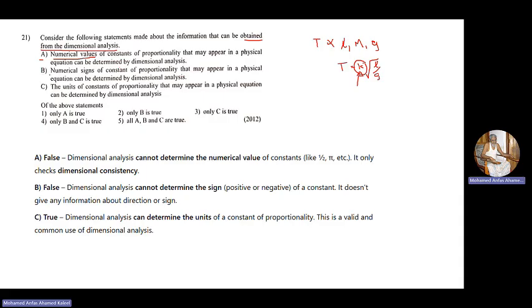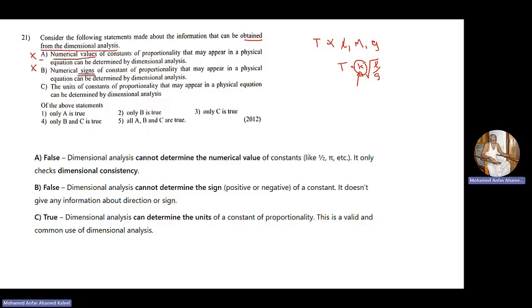Statement B says the numerical signs of constants of proportionality that may appear in the physical equation can be determined. Also, we cannot determine the sign of those constants of proportionality. So statement A is false and statement B is also false.